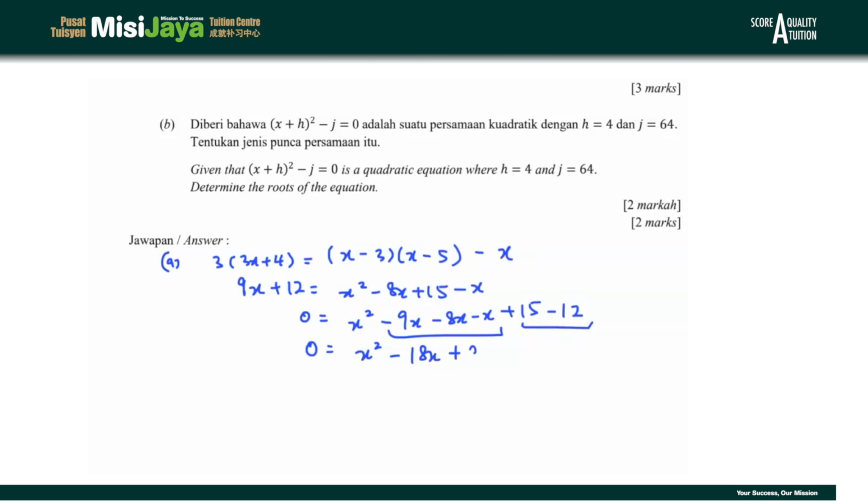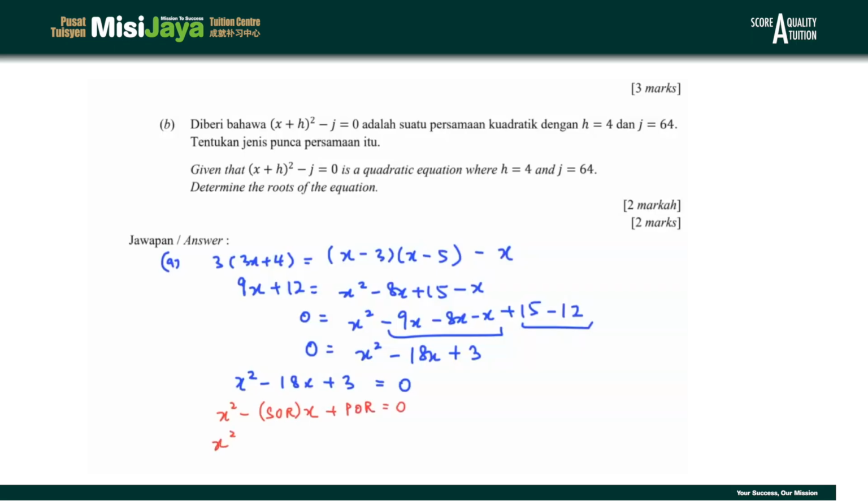So positive 3. Okay. So you can move it back because they want your answer to be in general form, ax squared plus bx plus c. So plus 3 equals to 0. Okay, so we compare with the equation which is x squared minus (sum of roots) x plus (product of roots) equals to 0, right?